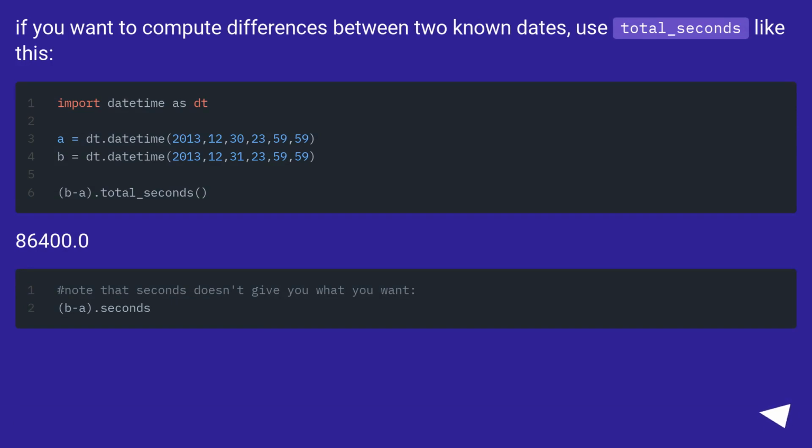If you want to compute differences between two known dates, use total_seconds like this. 86,400.0. 0.